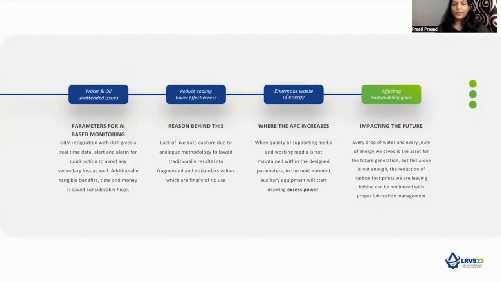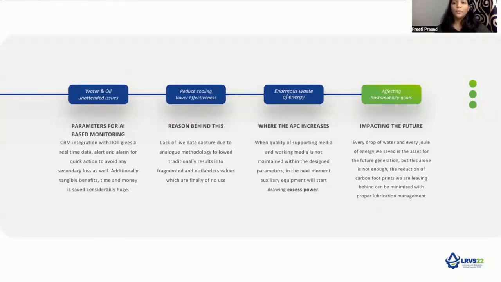If that objective is not met as per your requirement, it is going to impact the APC, the auxiliary power consumption. A pump has to run on higher energy, and associated auxiliary equipment has to draw excess power to work. So this is going to impact your energy consumption, and all this is going to impact your sustainability goal.